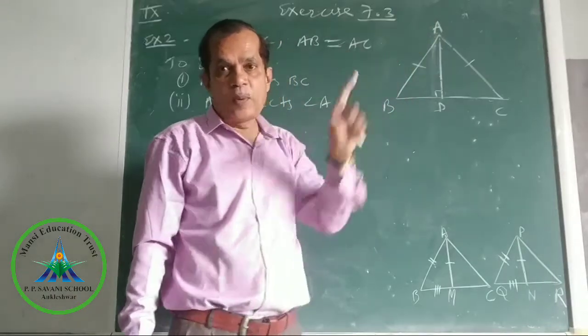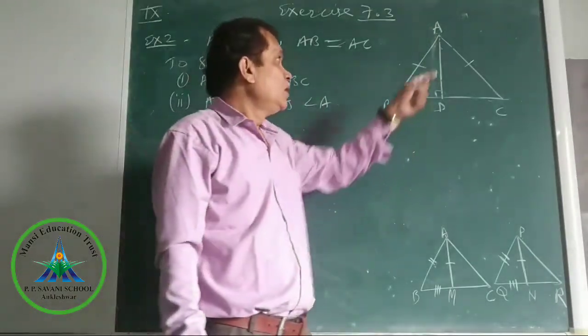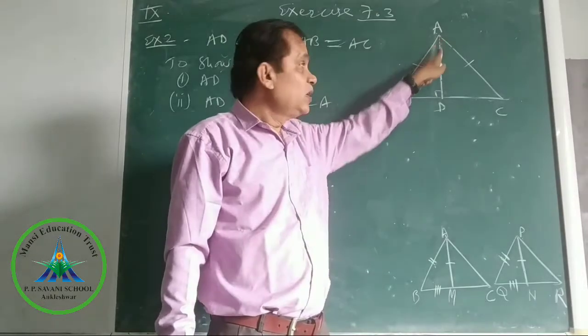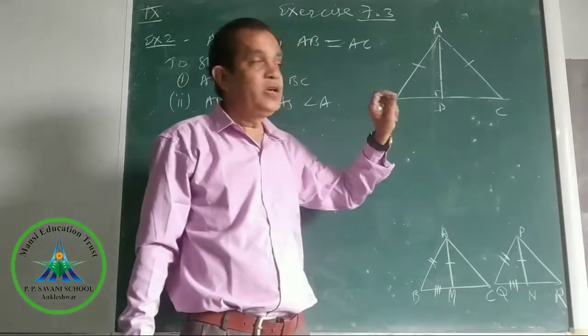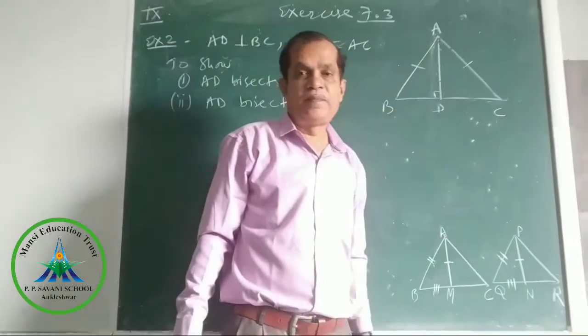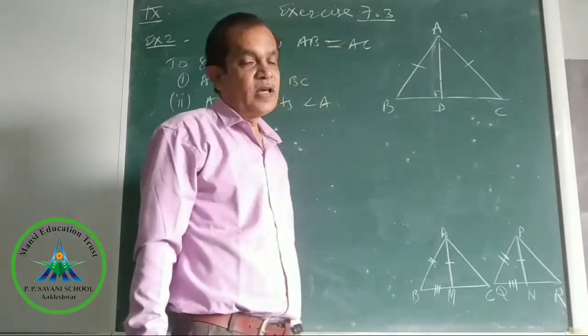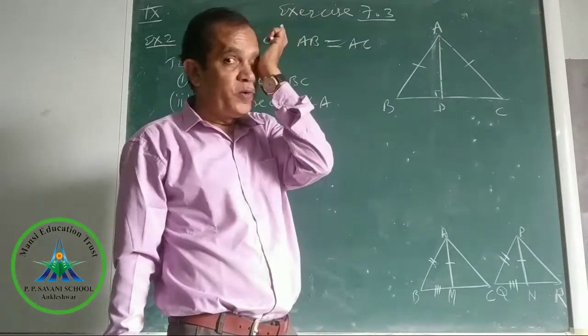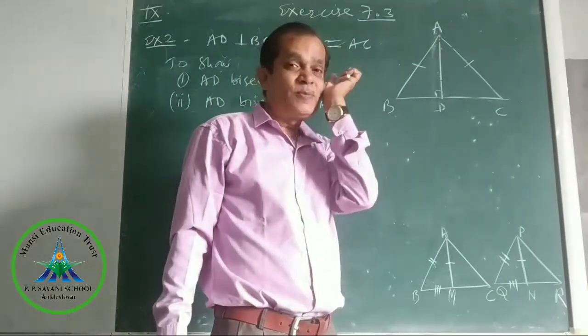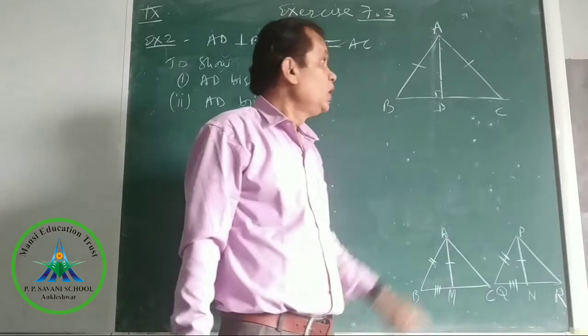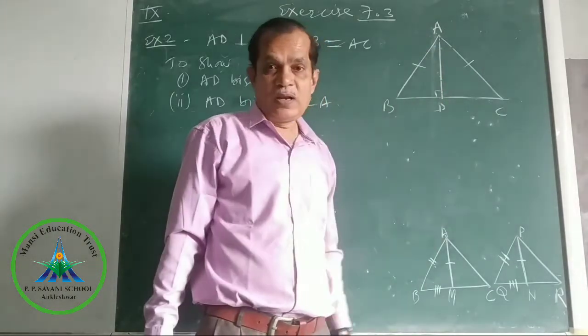And the property of an isosceles triangle: the altitude from the vertex angle is always perpendicular to BC and bisects BC. They are asking us to prove it. That is a property, yes or no? But we cannot write it as a property. We have to prove it. AD is perpendicular.